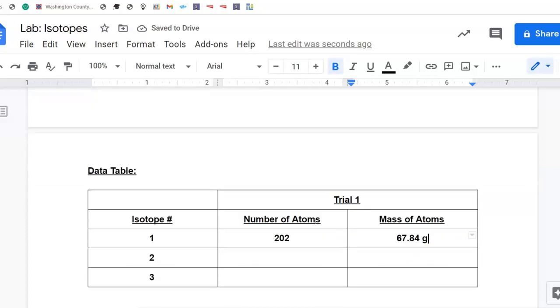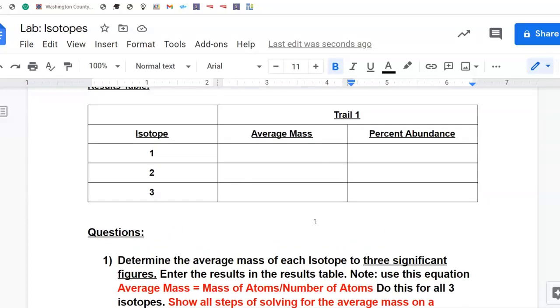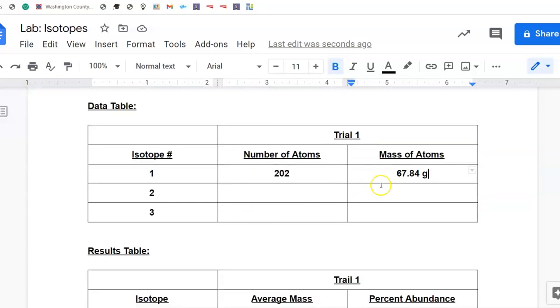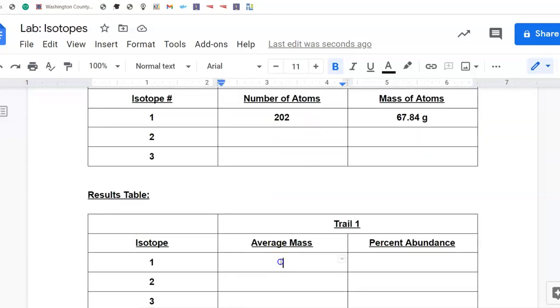Then the next part is to determine the average mass of each isotope to 3 significant figures. Enter the results in the results table, and this is the equation you would use: take the mass of atoms and divide it by the number of atoms. For example, here this would be 67.84 divided by 202, and that would give you the average mass, which you put right here.